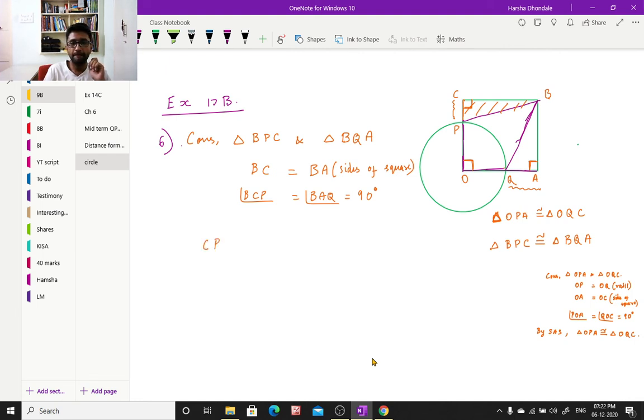CP is equal to OC minus OP, and QA is equal to OA minus OQ. Okay.